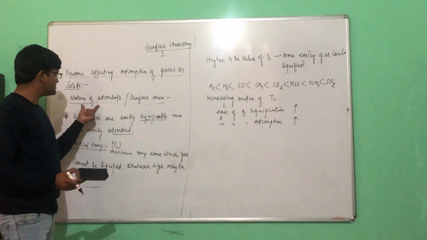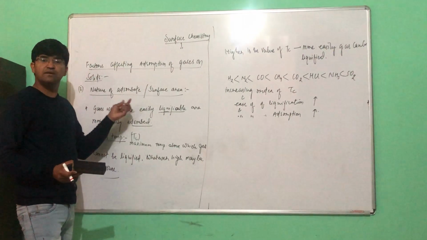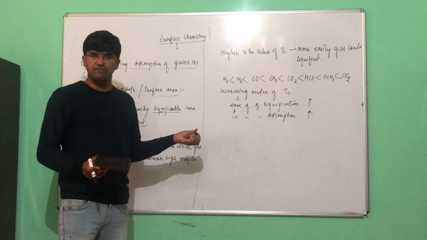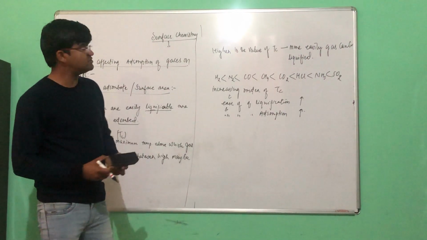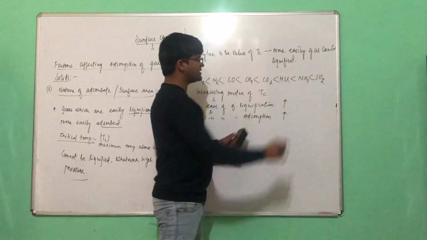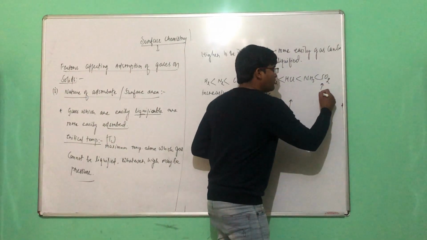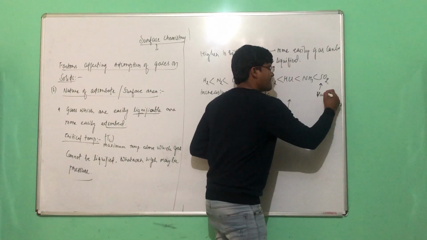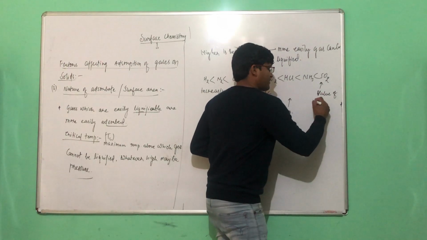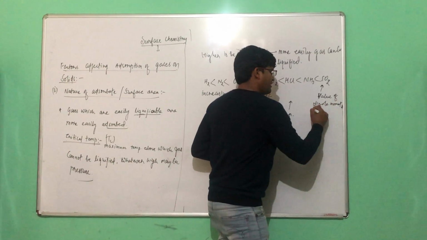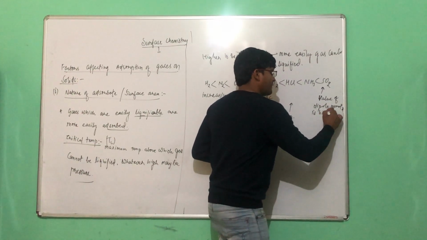So this is about the nature of the adsorbate. It depends on the critical temperature of the gas. The more easily the gas can be liquefied, the more easily it will be adsorbed. And why among these gases is sulfur dioxide more easily adsorbed? Because its dipole moment value is high.